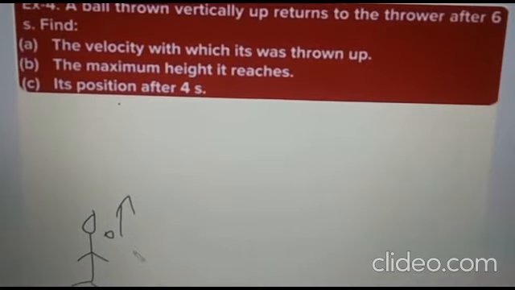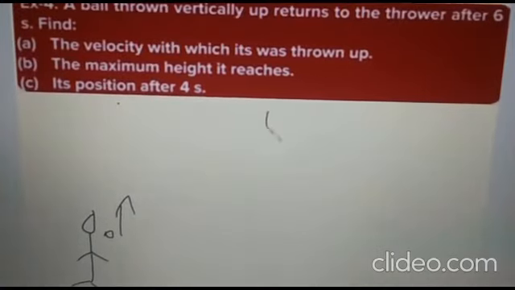So can we say that it took 3 seconds to go up and 3 seconds to go down? So we have to just take one path time. So t would be equal to 3 seconds.